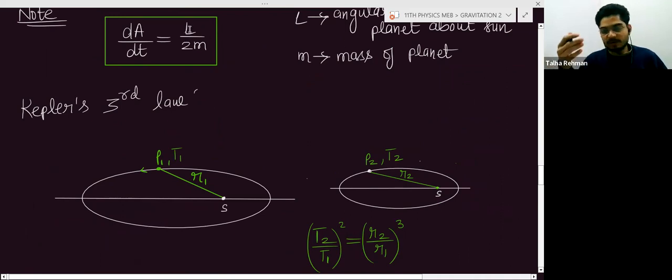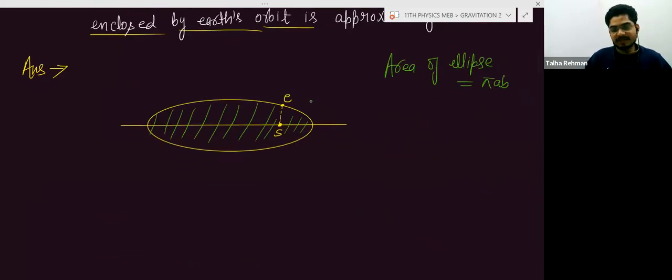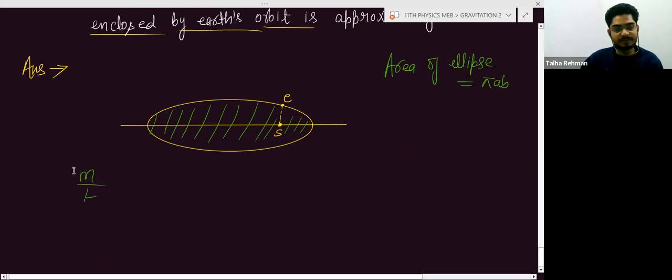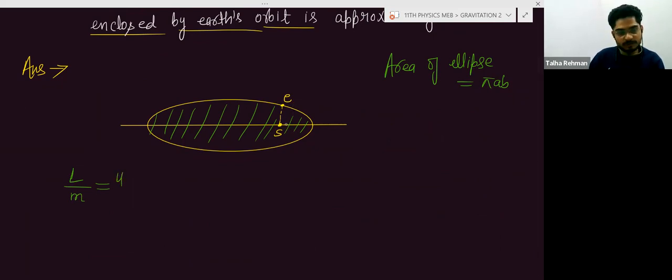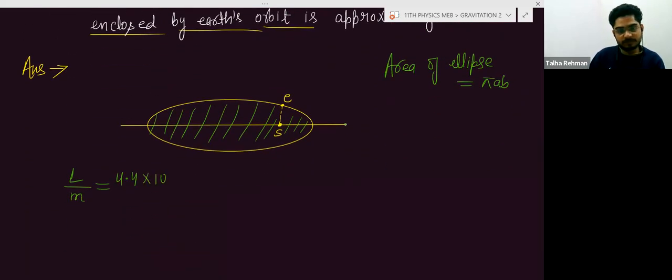L is the orbital angular momentum about the Sun. M is the mass of the planet. Okay. So here Earth is the planet having the mass, suppose m, and angular momentum is L. So ratio of L by m is given already. Ratio of angular momentum to the mass, for Earth about the Sun is given in the question, and that is 4.4 into 10 to the power 15 meter square per second.